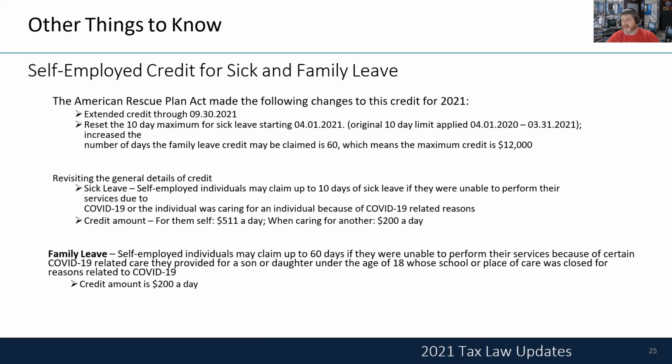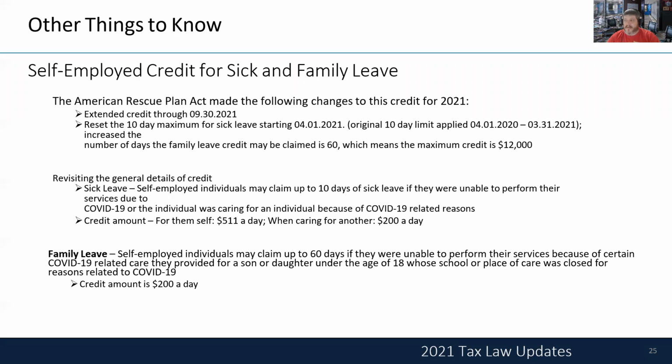Now, revisiting the general details of the credit. The sick leave applied to self-employed individuals. They could claim up to 10 days of sick leave if they were unable to perform their services due to, they say, COVID, and that's where we had to get some clarification. It's due to having COVID, actually being sick with COVID.